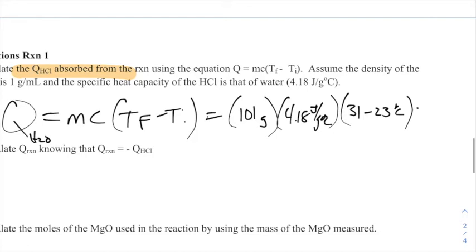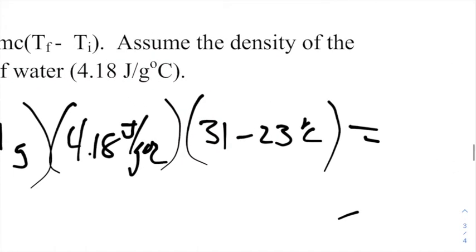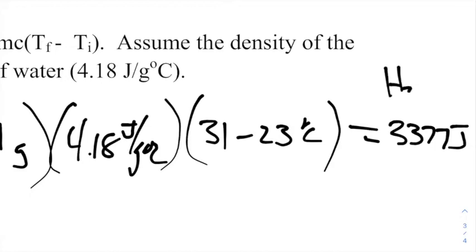If you get out your calculators and do a little math, I got 101 times 4.18 times 8, essentially, 31 minus 23, gets me about 3377 joules. And that is the heat that the water absorbed. So the water absorbed 3377 joules.